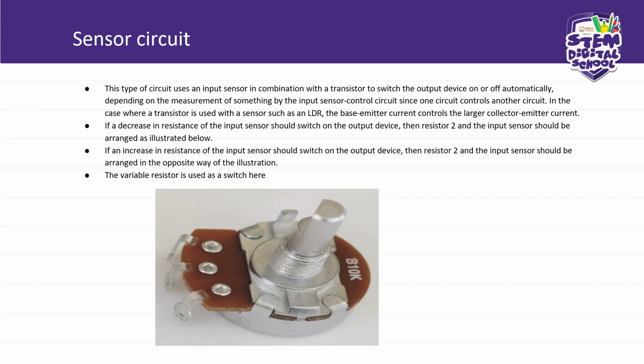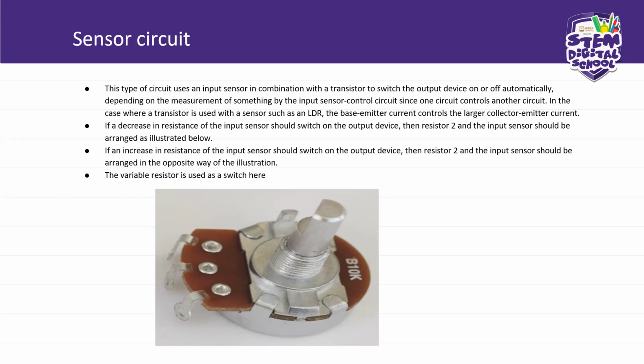I said to you yesterday, it can be used as a switch in your sensor circuit. So, a sensor circuit will use an input sensor, which can be a thermistor or a light-dependent resistor, to switch the output device on or off automatically. I want you to understand this.